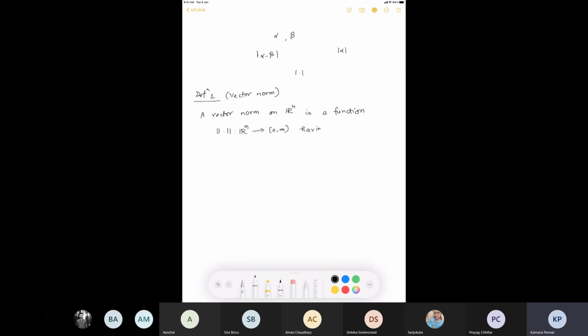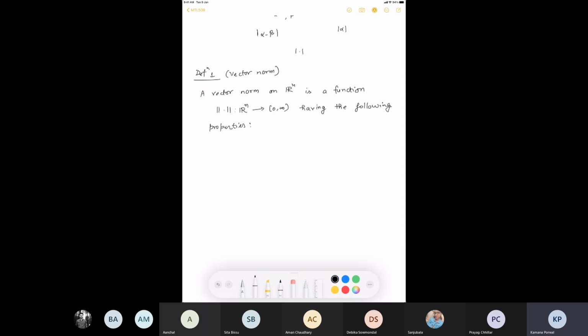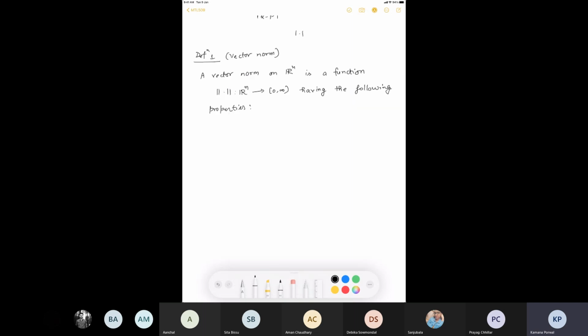So this function should have the following properties to call it a vector norm. Now, what are the properties we seek for this function? So the first property which we want is that, just for notational convenience, I'm calling this norm itself, okay?